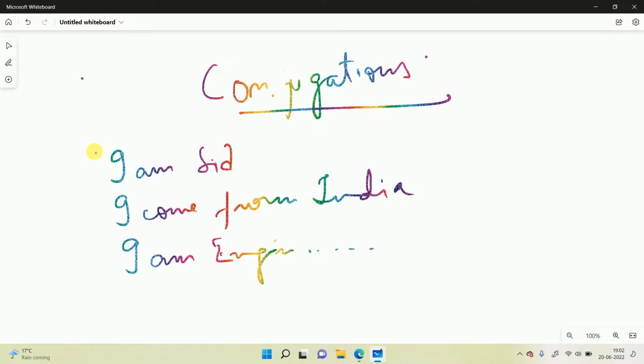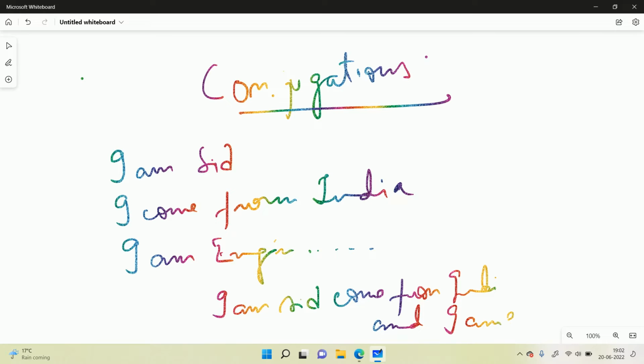So I will probably be saying: I am Sid, I come from India, and I am an engineer, right? It's a very common practice to connect two sentences using some helping words, and these are known as conjugations.